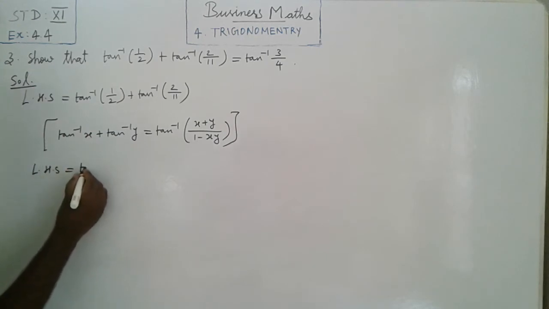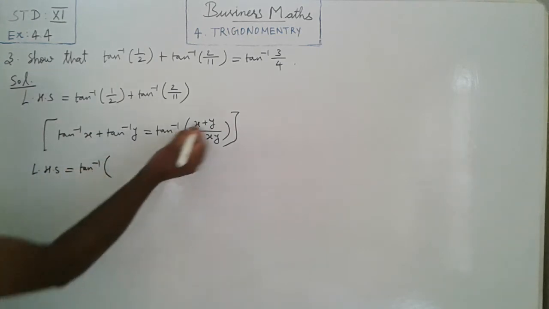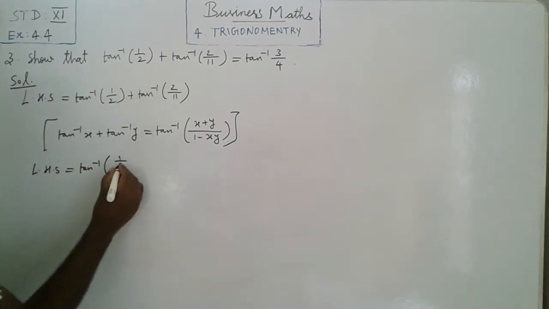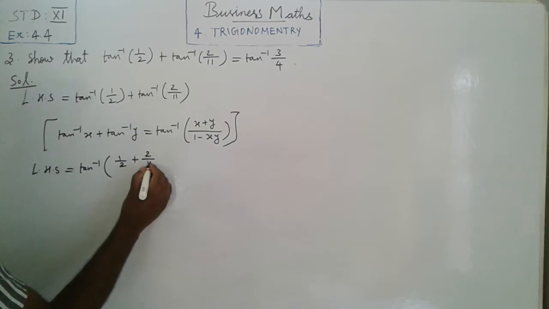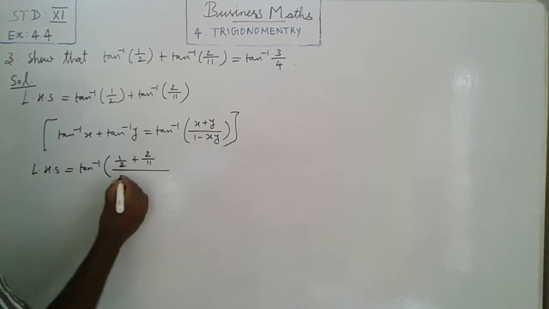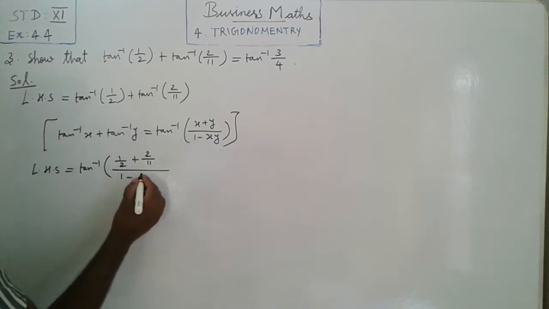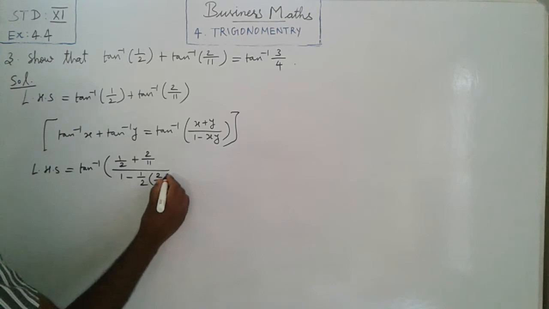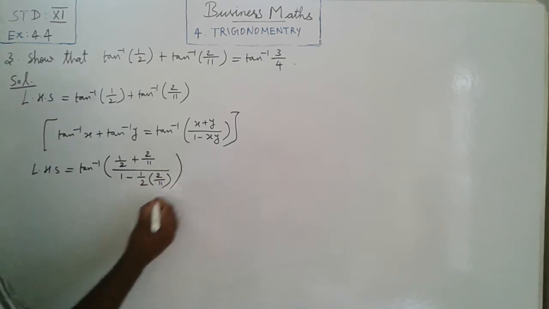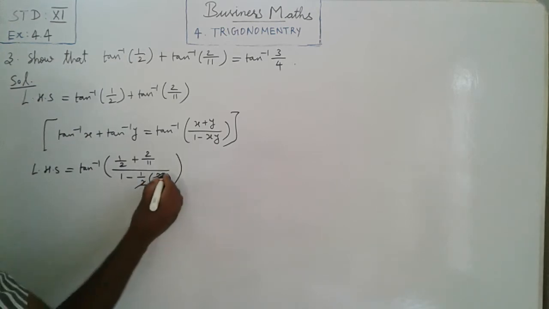So tan inverse of x plus y, x is 1 by 2 plus y is 2 divided by 11, divided by 1 minus xy, x is 1 by 2, y is 2 divided by 11. So here 2 cancels one time.